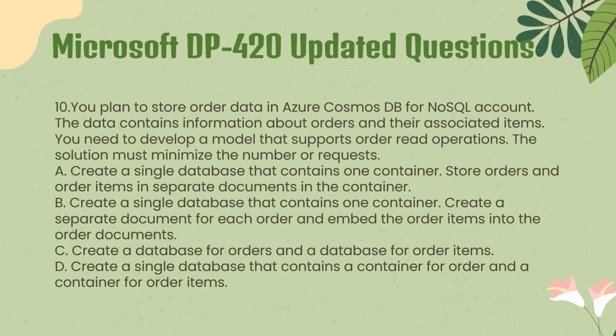B. Create a single database that contains one container. Create a separate document for each order and embed the order items into the order documents. C. Create a database for orders and a database for order items. D. Create a single database that contains a container for order and a container for order items.